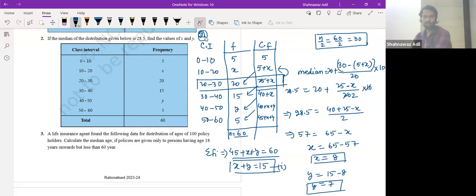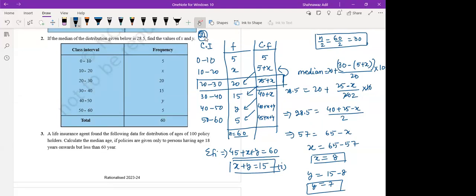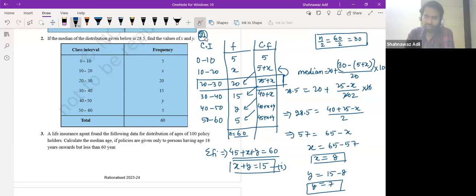Okay, so please log into your Learnivio account and then you will find the active test. Please take that. In today's class also we have the next topic, tangent to a circle or something like that.